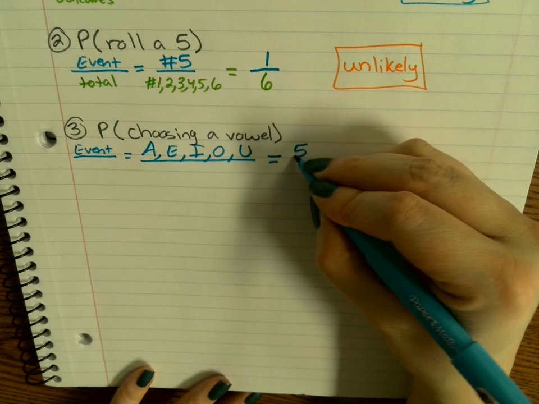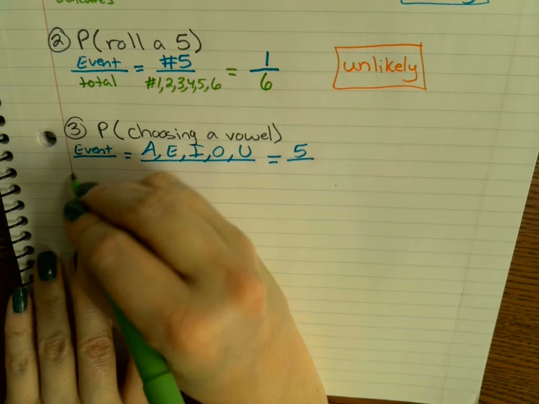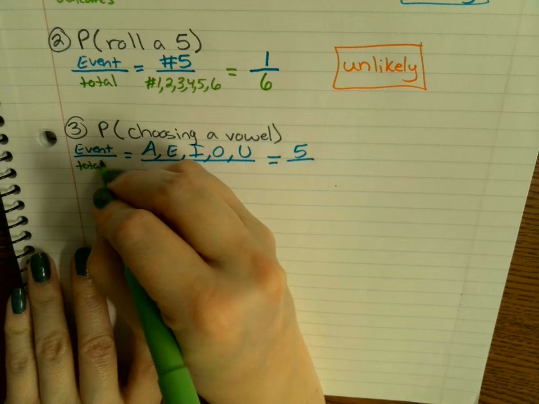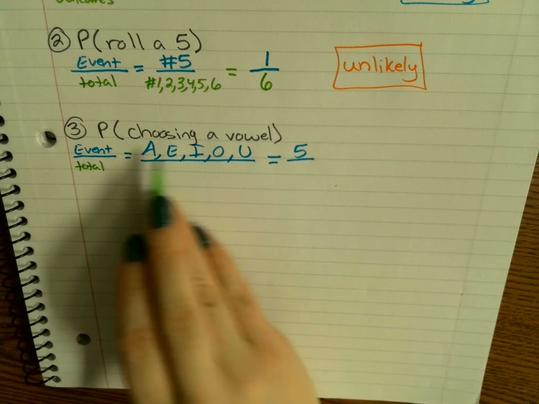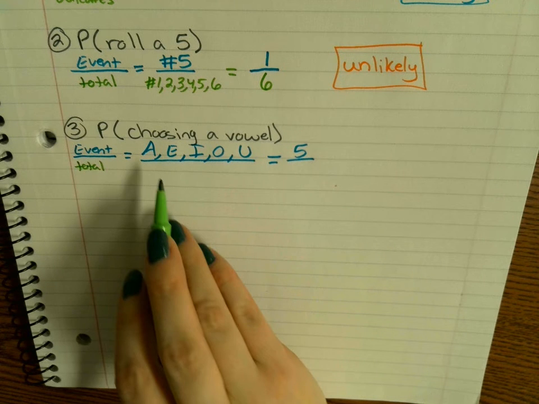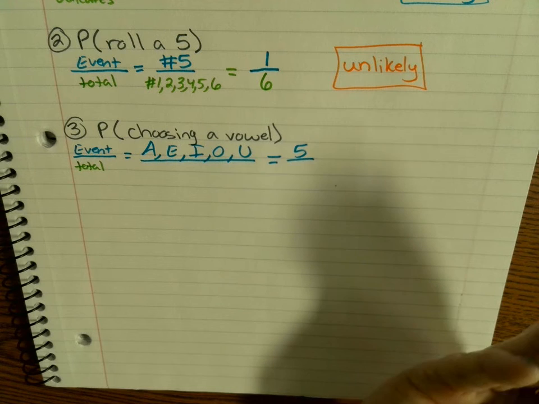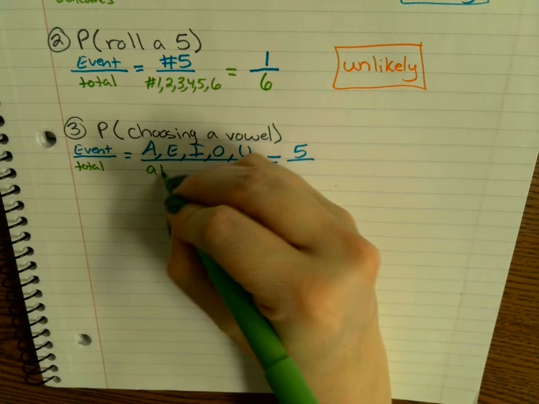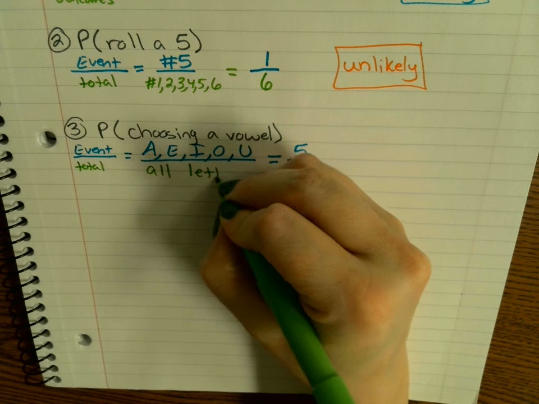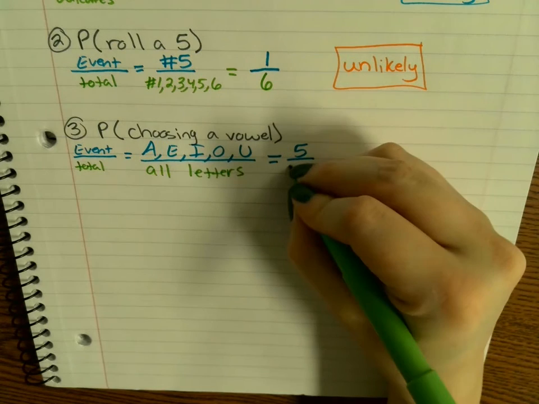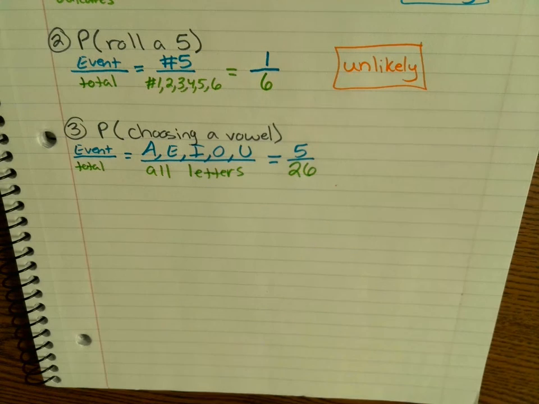My total, what do you think is going to represent my total? If my event was the vowels, what's the total going to be represented as? How many letters there are, right? So all the letters. Who knows how many letters there are in the alphabet? 26. There are 26 letters in the alphabet.